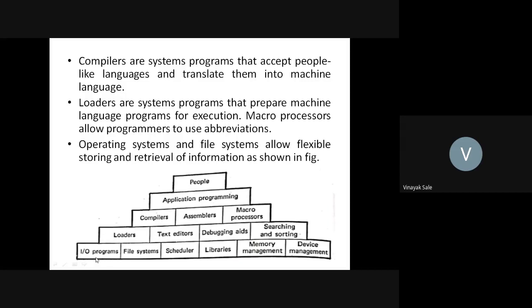Okay, these input output programs, then file system, these are linked with this loader, then file system and different scheduling algorithms. You have studied in operating system scheduling algorithms such as long term scheduler, medium term scheduler, and short term scheduler.